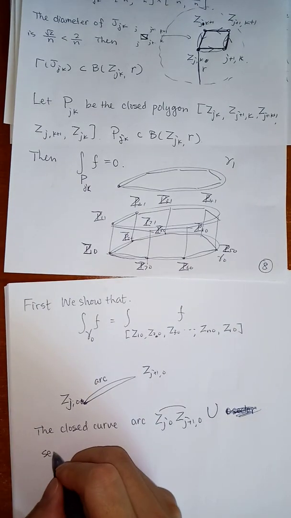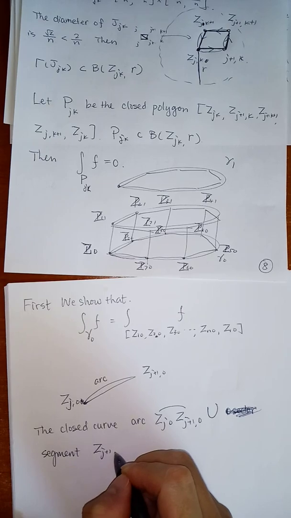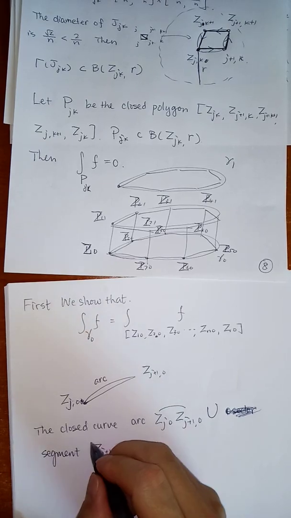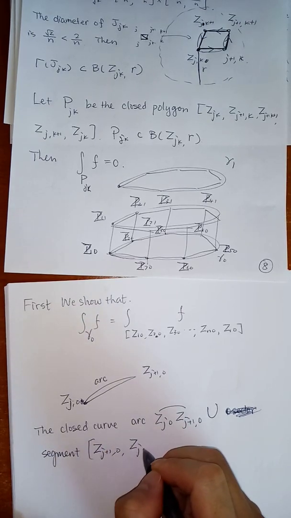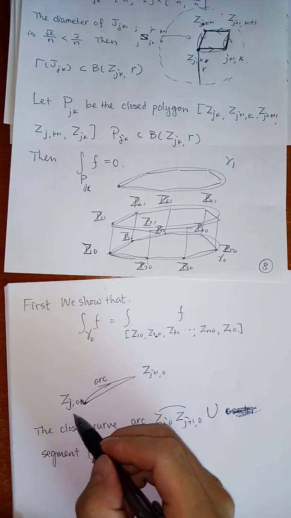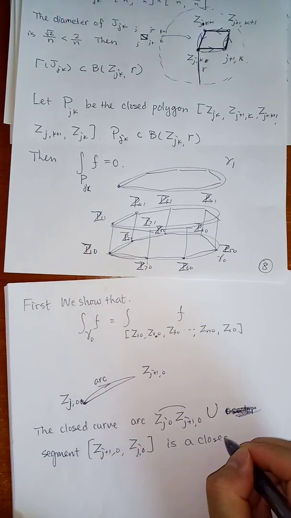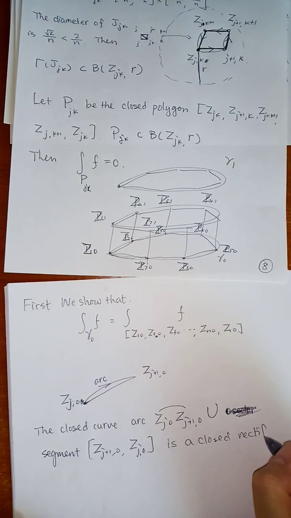The closed curve is the arc from z_{j0} to z_{j+1,0}, union the segment from z_{j+1,0} back to z_{j0}. So you go forward and backward. This is a closed rectifiable curve.